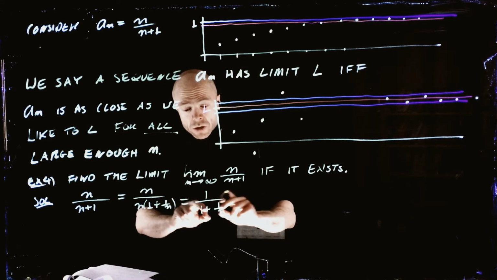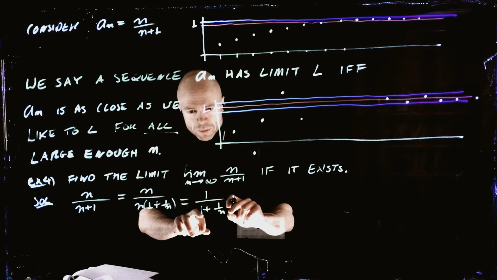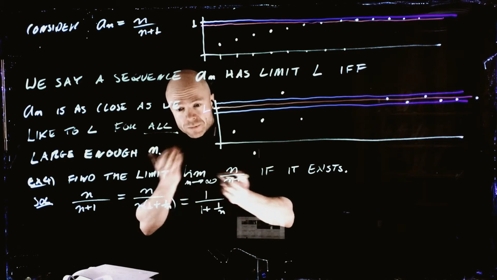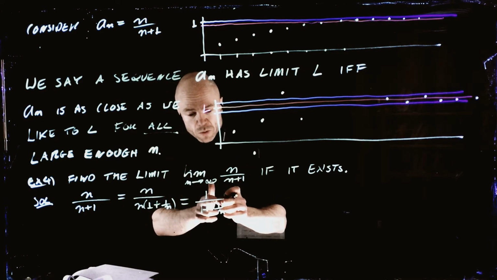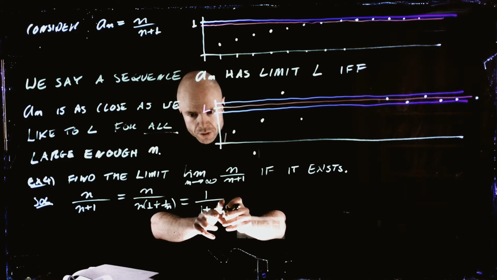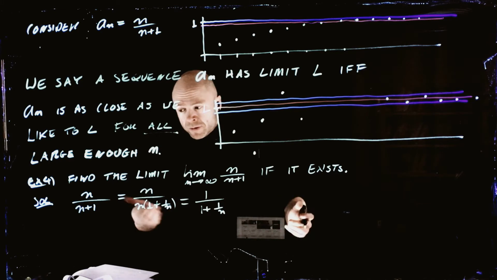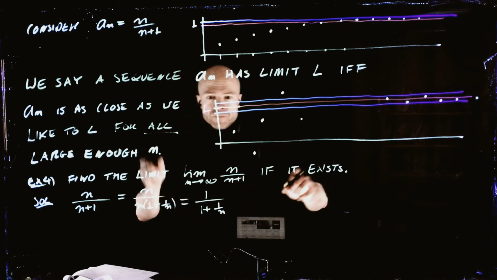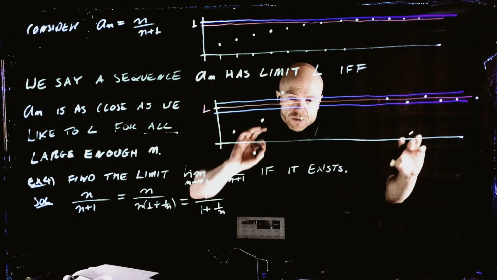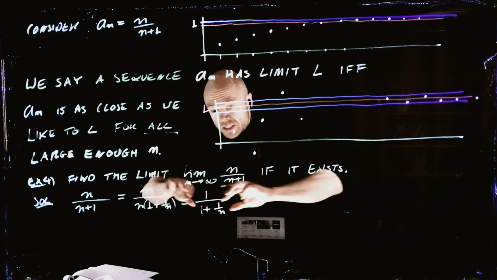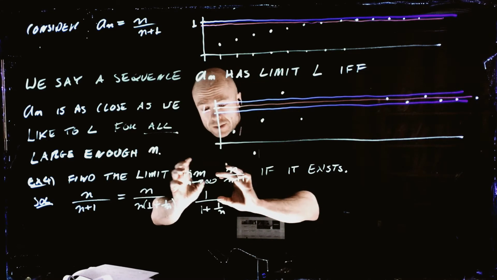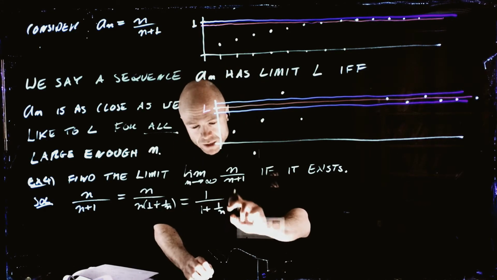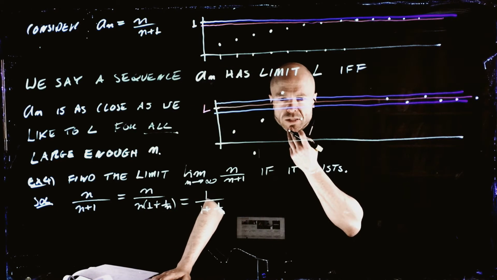And for sure, we can make this thing on the bottom be as close to 1 as we like, because we can make 1 over n be as close to 0 as we like. So that we can guarantee that this thing is as close to 1 as we like, because the difference between this thing and 1 can be made arbitrarily small by making this 1 over n incredibly small.